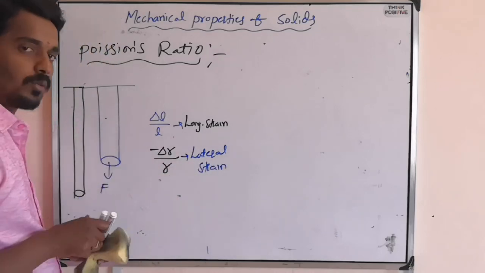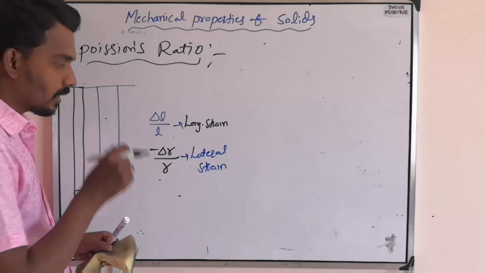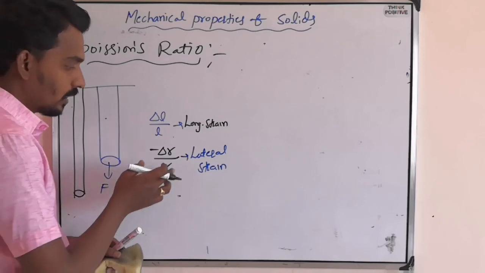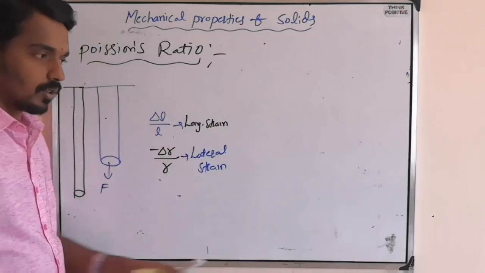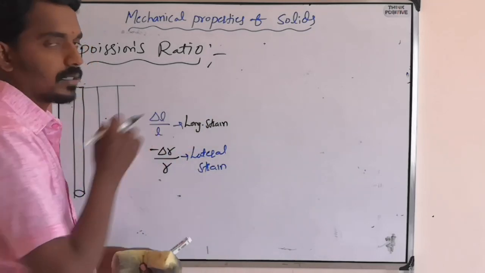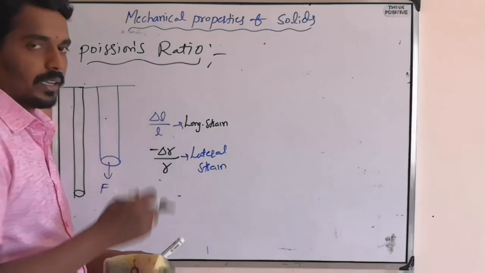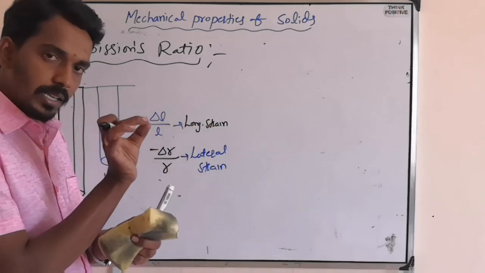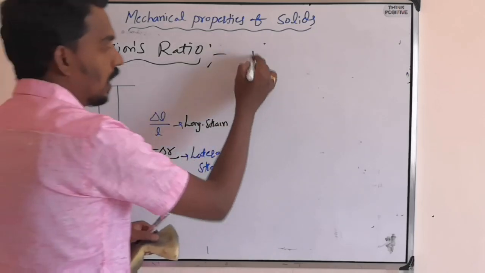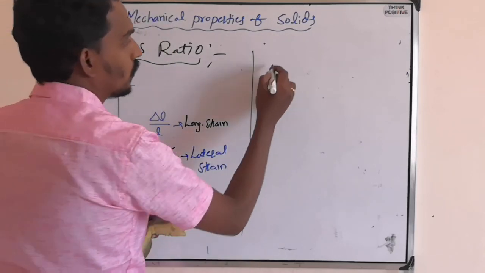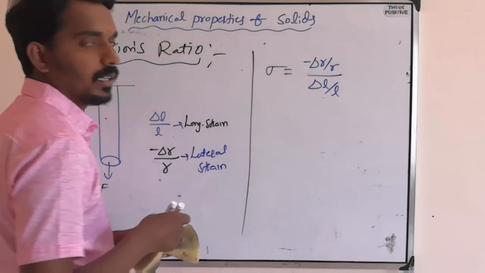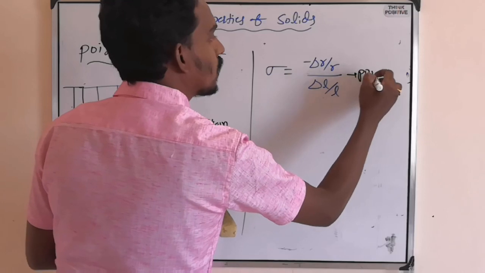So in case of a thick wire whose thickness is not negligible, there is a longitudinal strain, and also a lateral strain. If you stretch a wire, length increases, longitudinal strain, delta L by L. But there is a decrease in thickness, decrease in radius, that is lateral strain, delta R by R. And the ratio, delta R by R divided by delta L by L, is defined as Poisson's ratio.